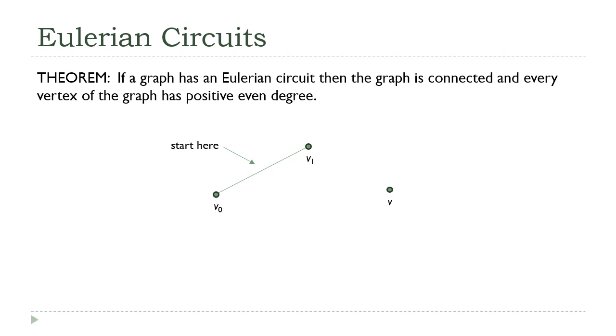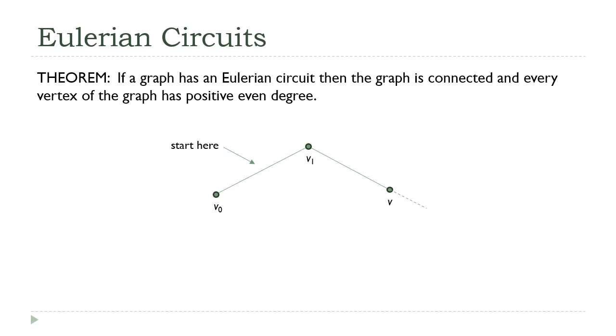Now, as you walk along the circuit, you'll eventually have to get to our vertex V, since the graph is connected and the circuit contains every vertex. Because this vertex wasn't our starting point, there has to be an edge leading out of it, because we have to be able to get back around to the starting point somehow. If there aren't any more edges coming into V, then the degree of V is 2. 2 is even, and we're done.